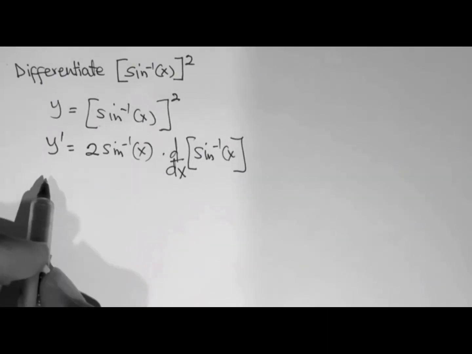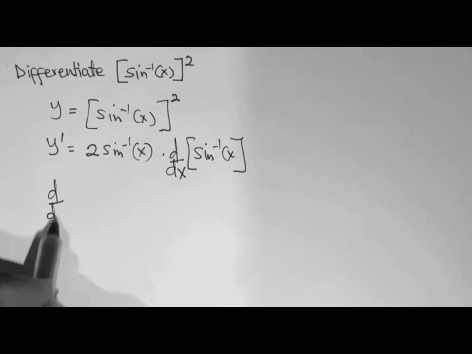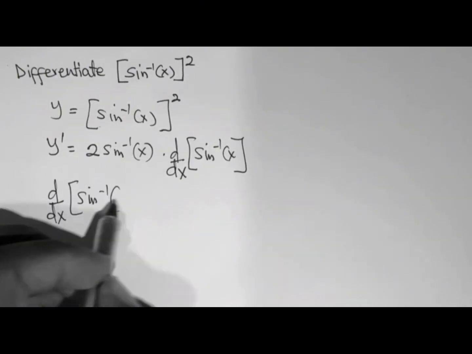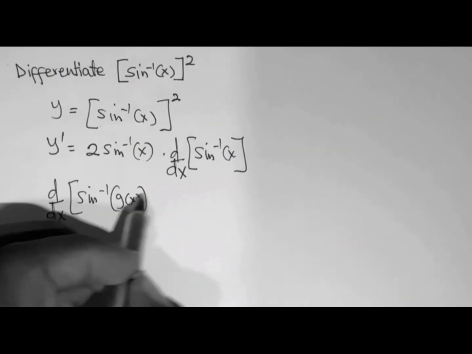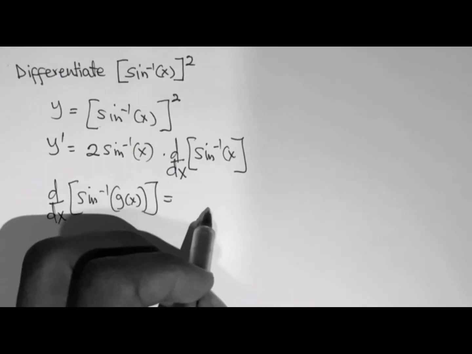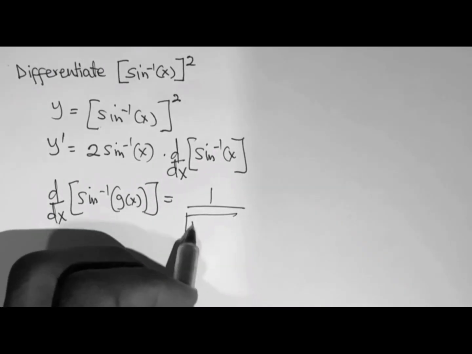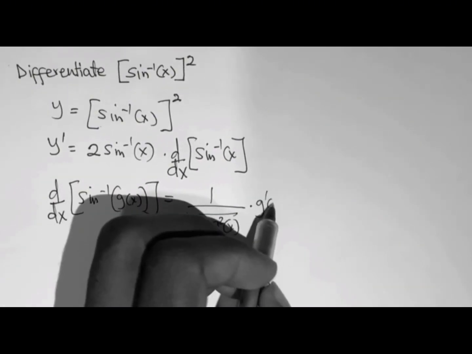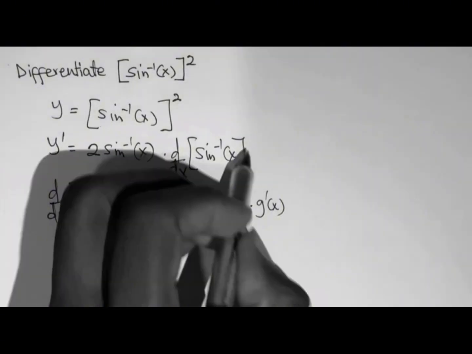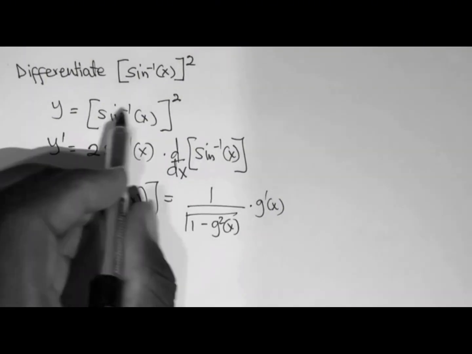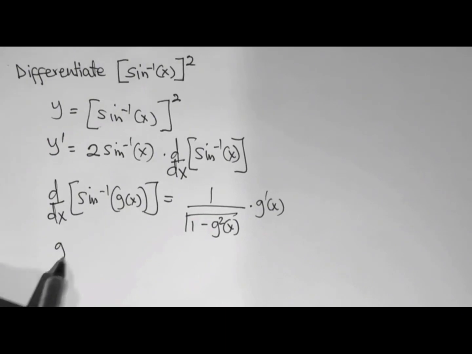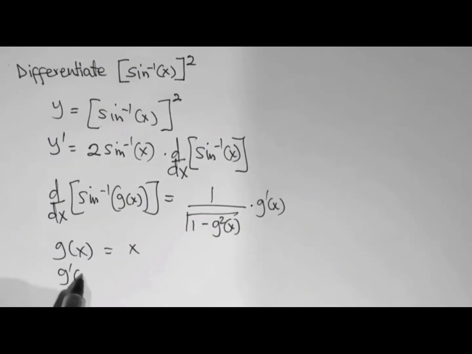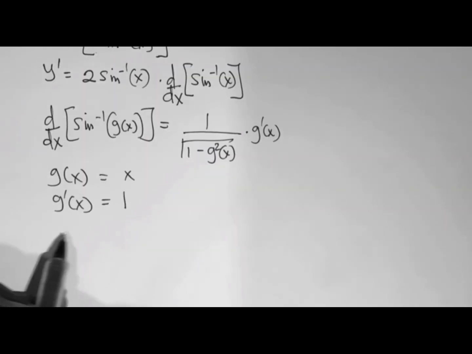So now we know that d/dx of sine inverse of g of x is equal to 1 divided by square root of 1 minus g squared of x, then times g prime of x. So g of x in this case is equal to x, and g prime of x is equal to 1.